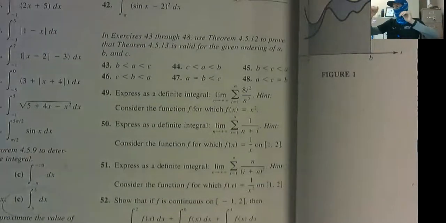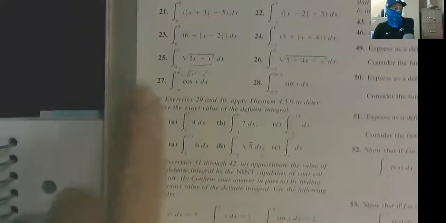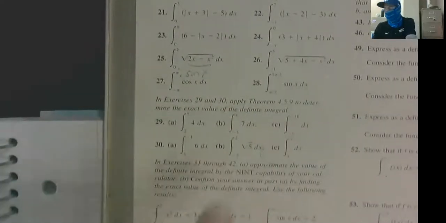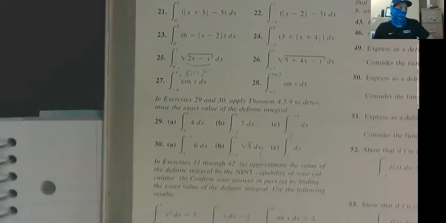And so it's going to have equal parts above and below the x-axis. Yes. So Sean was curious about 27. And obviously you're meant to graph that. But the cosine function between negative pi and pi is basically the sine function just shifted over. And so that comes out to 0. Good question.